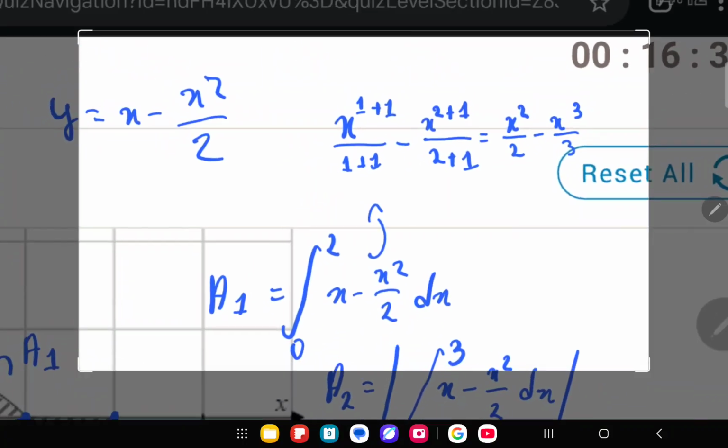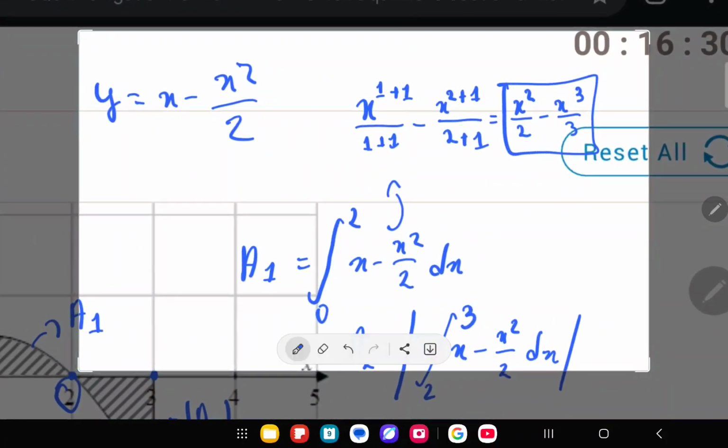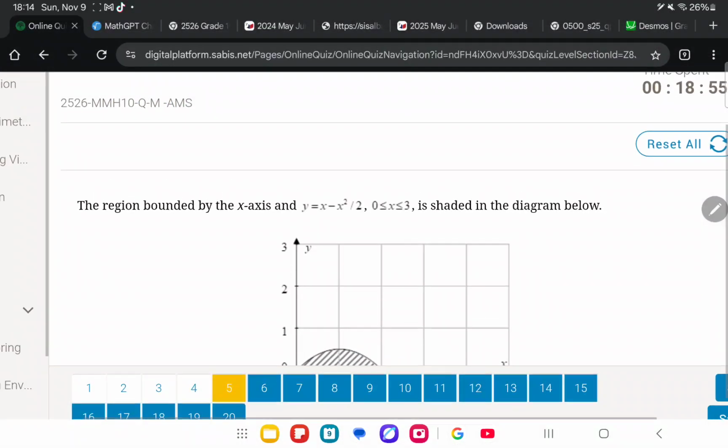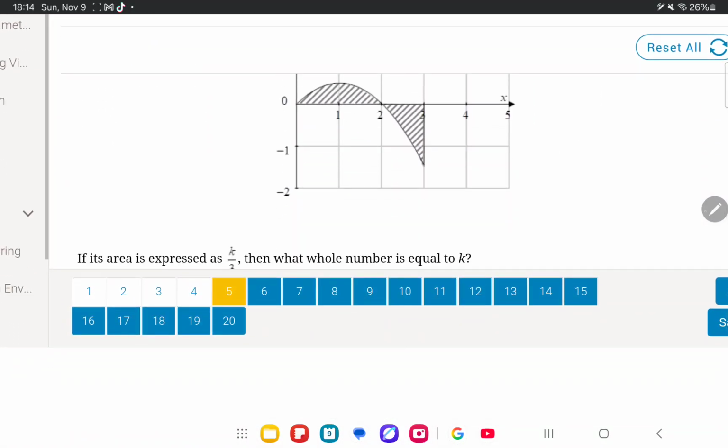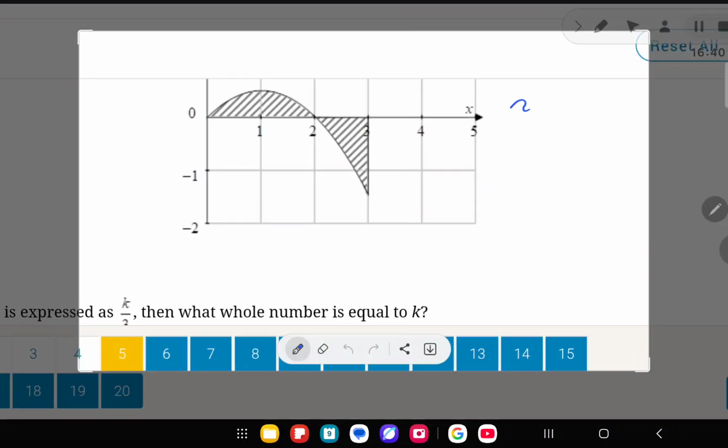Okay, so we have this now, and what we do with this, wait, I believe I made a mistake here. No, I didn't, sorry. So again, once we integrate it, we got 0 to 2 and absolute values 2 to 3, x minus x squared over 2 dx.